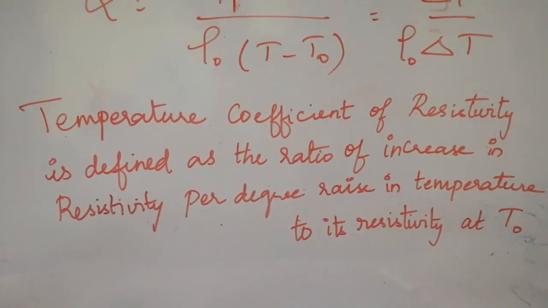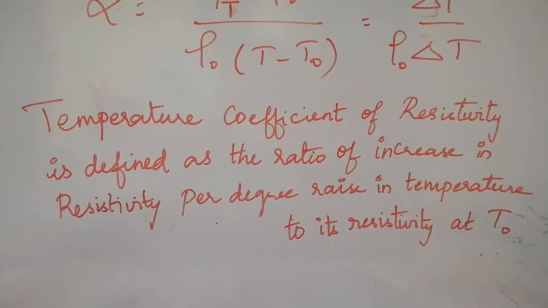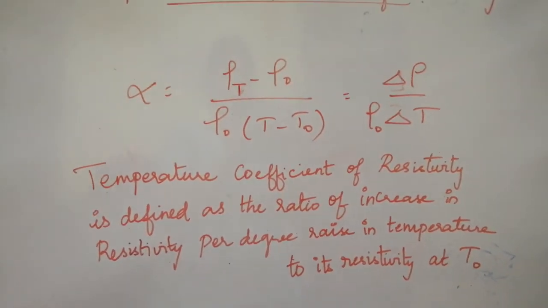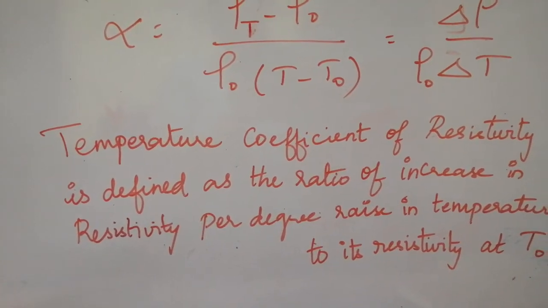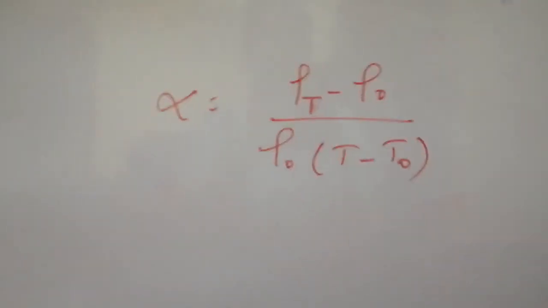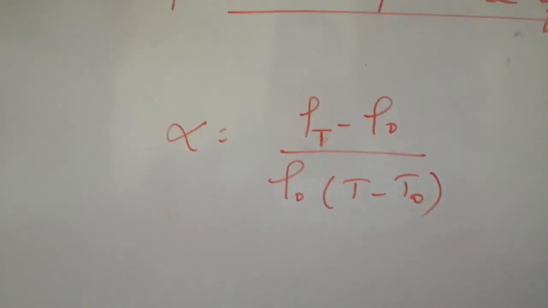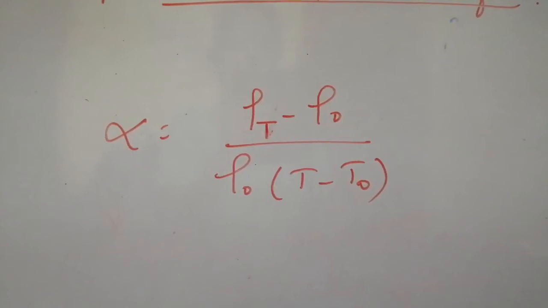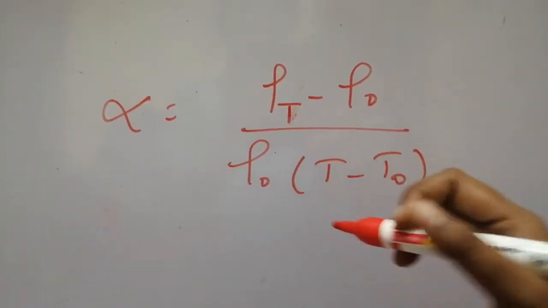Temperature coefficient of resistivity alpha is defined as the ratio of increase in resistivity per degree rise in temperature to its resistivity at T naught. So this is the definition for temperature coefficient of resistivity. We know that resistivity and resistance are proportional terms here, so this resistivity you can replace as resistance.